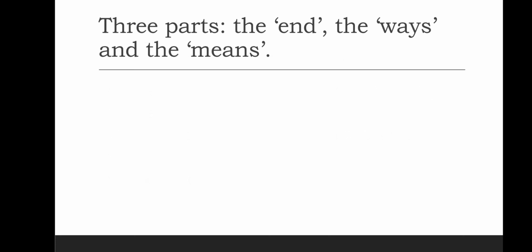And what are the three parts of foreign policy? Foreign policy is about why, for what purpose it has been taken, how it has been taken, and what procedures have been followed in this regard.